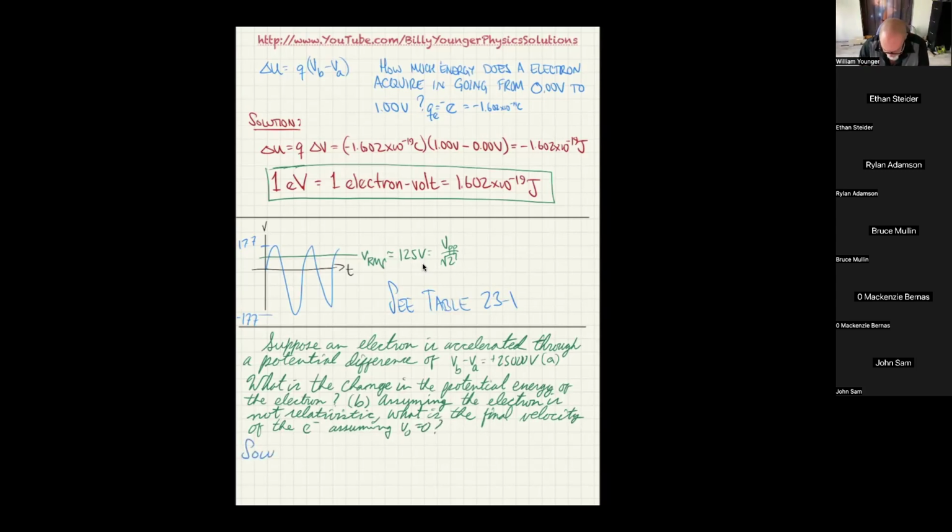So, solution. Delta U plus delta K is equal to 0. That's not normally the way I do conservation of mechanical energy. I normally do U initial plus K initial plus some other stuff is equal to U final plus K final plus some other stuff. But I'm doing it this way.